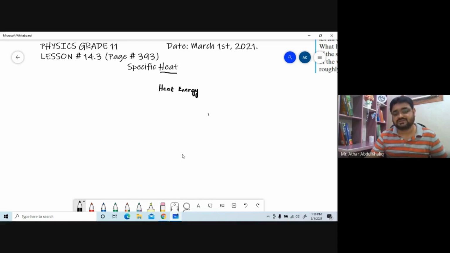For example, this is a pot in which we have water. How much water is in it?